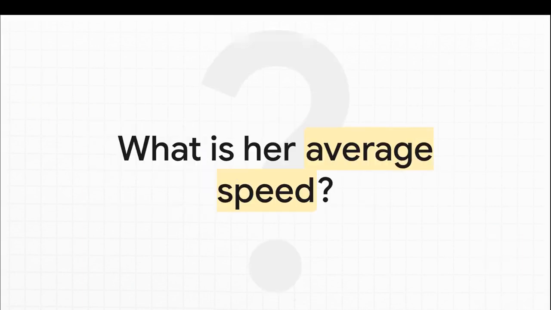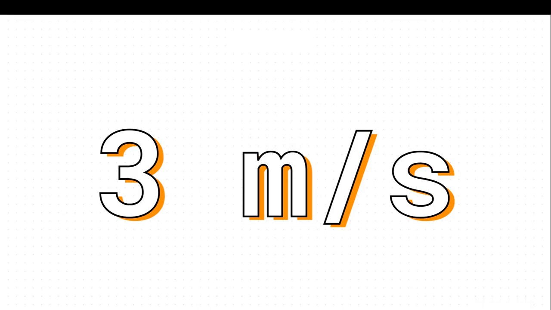First question for you. What was her average speed? Just remember that formula. It's the total distance divided by the total time. Well, her total distance was 180 meters and her time was 1 minute, which is 60 seconds. So 180 divided by 60, that gives us an average speed of 3 meters per second. Not bad. She was moving pretty fast.